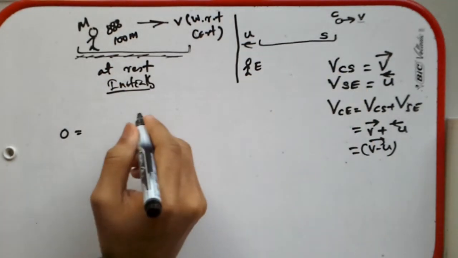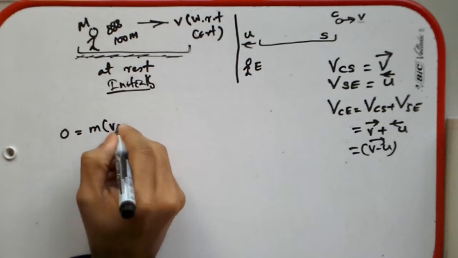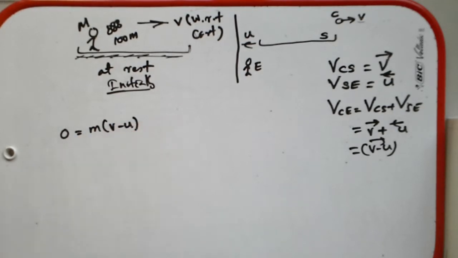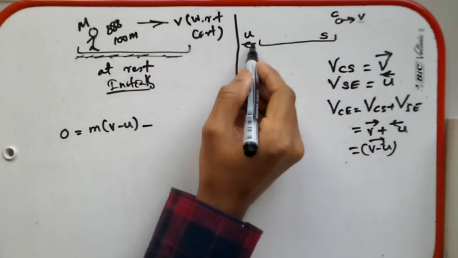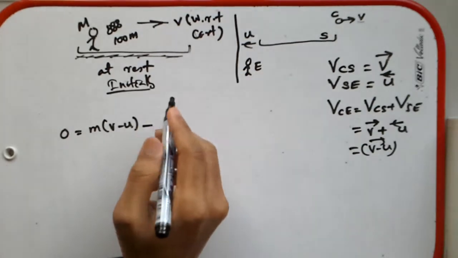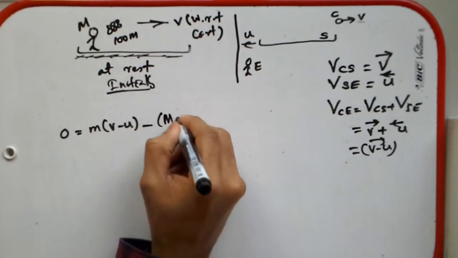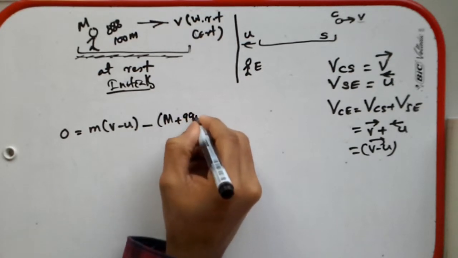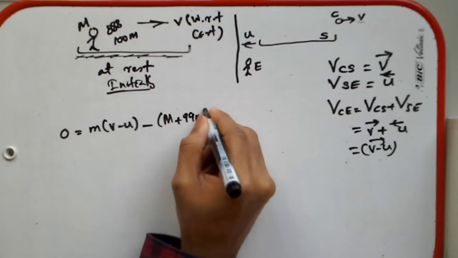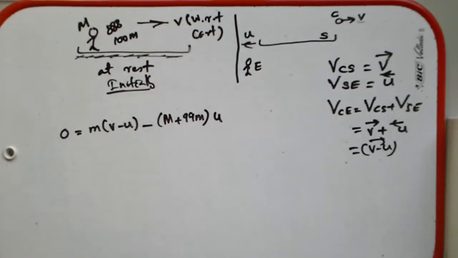The final momentum: this small m is moving with speed v minus u, with a minus sign. Why minus sign? Because this cart is moving in the opposite direction. So minus big M plus, now there are only 99 marbles, moving with velocity u. Now you can simplify this.